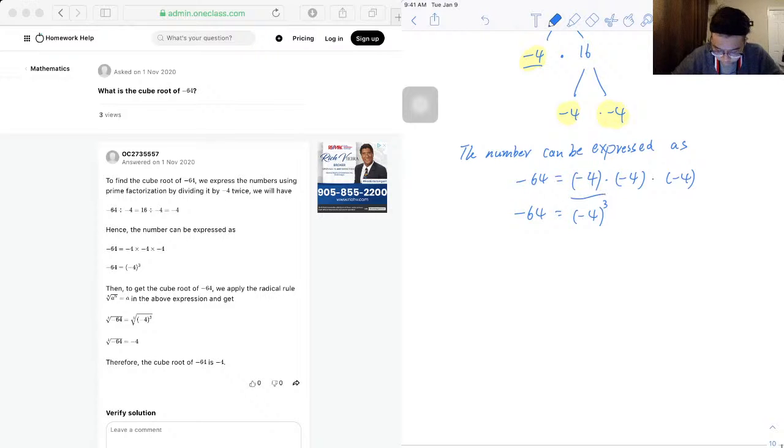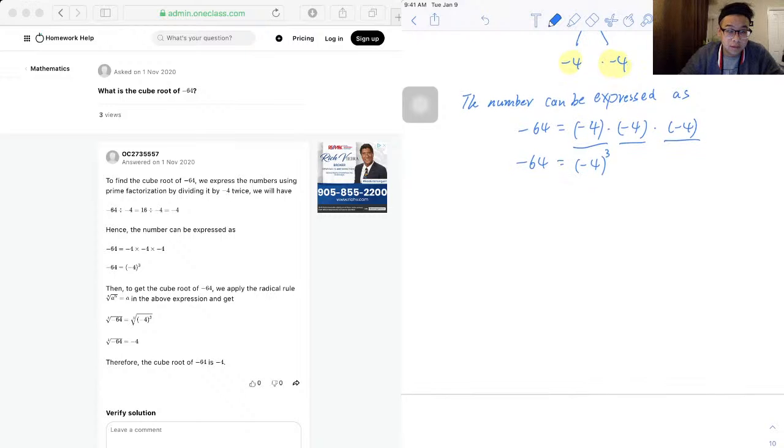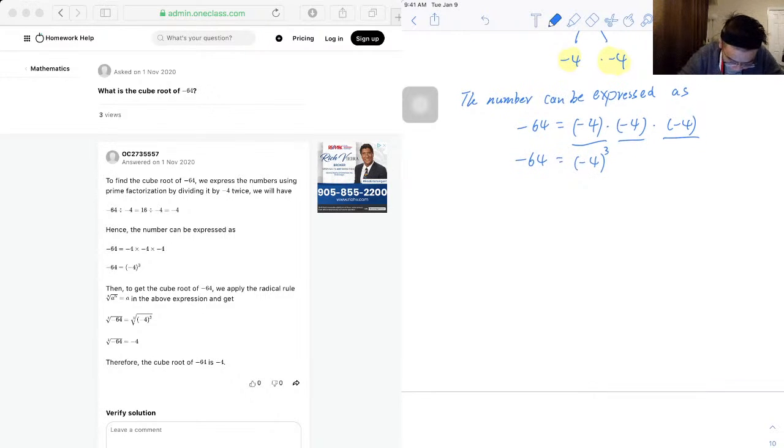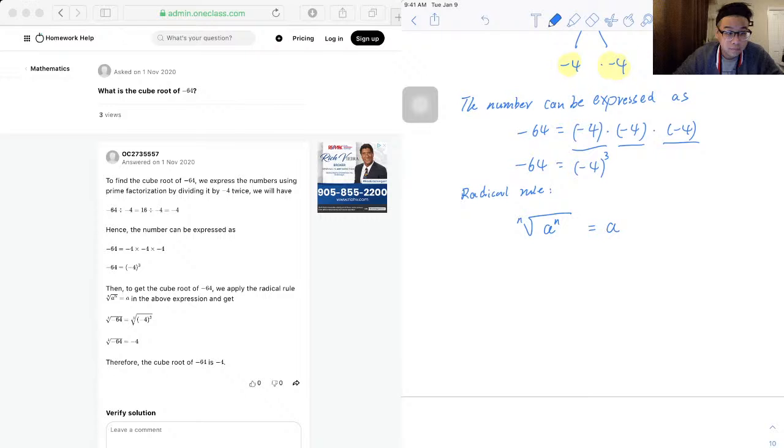See, 1, 2, 3. To get the cube root of negative 64, we apply the radical rule, which is a to the exponent of n, to the root of n, is equal to a.